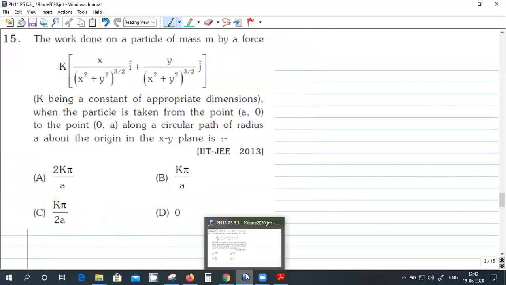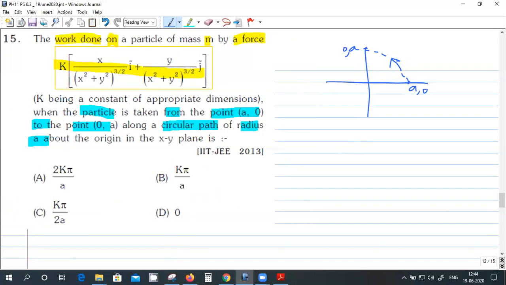Okay, this one. So work done in a small interval is F dot ds, right? By definition, and ds is dx i cap plus dy j cap.